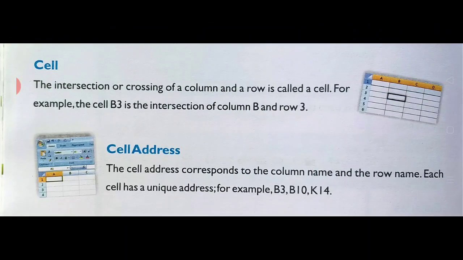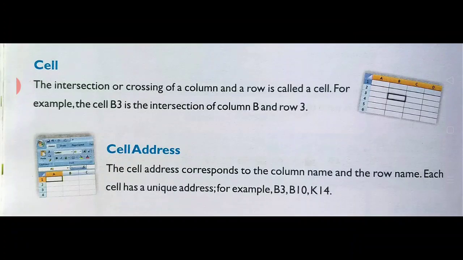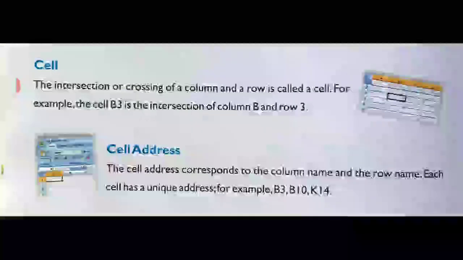Next one is cell. The intersection or crossing of a column and a row is called a cell. For example, cell B3 is the intersection of column B and row 3.